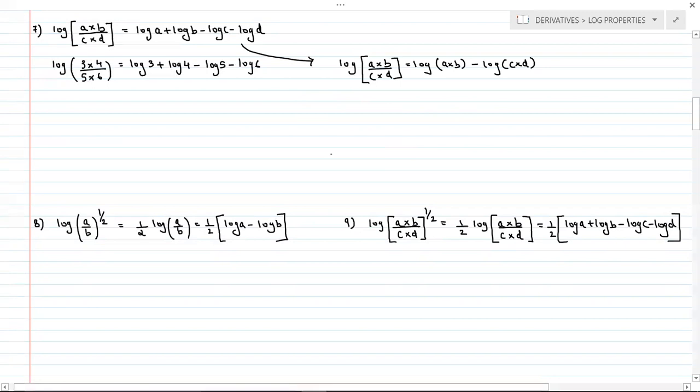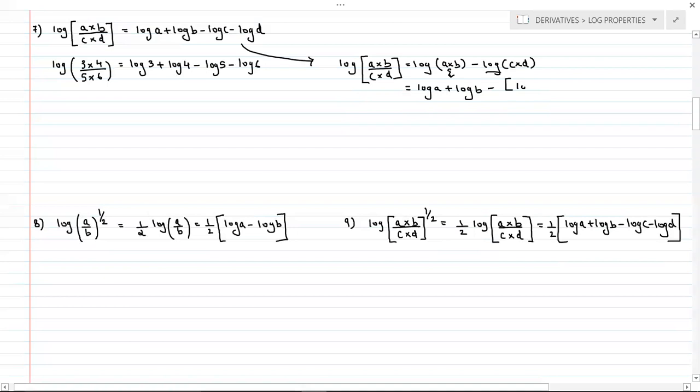After this, we know that multiplication is there inside a single log. In multiplication, we know it gets converted into addition. Here also there is a single log and multiplication, so it gets converted into addition. But see, here a minus is there.